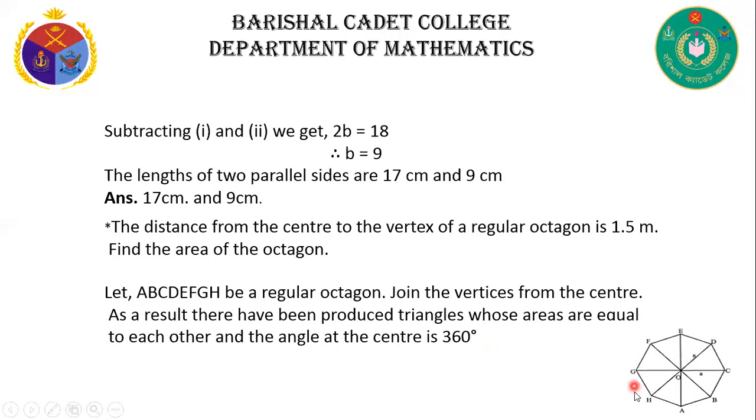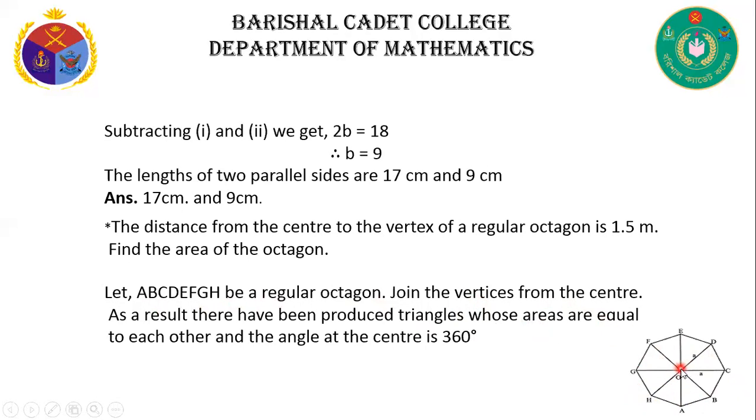Here A, B, C, D, E, F, G, H be a regular octagon. That means 1, 2, 3, 4, 5, 6, 7, 8. Join the vertex from the center.